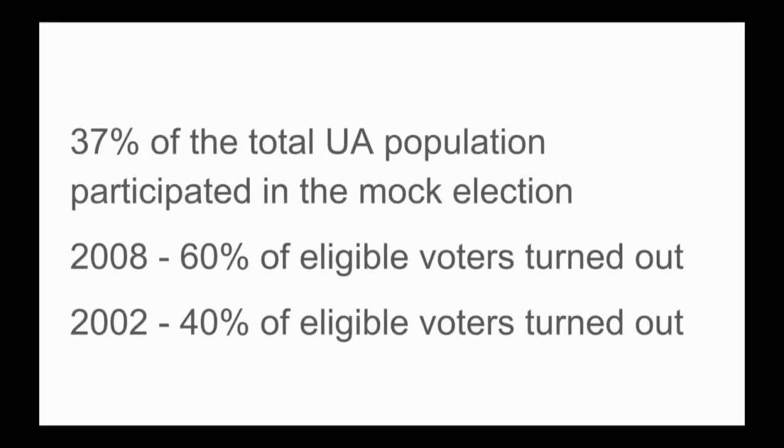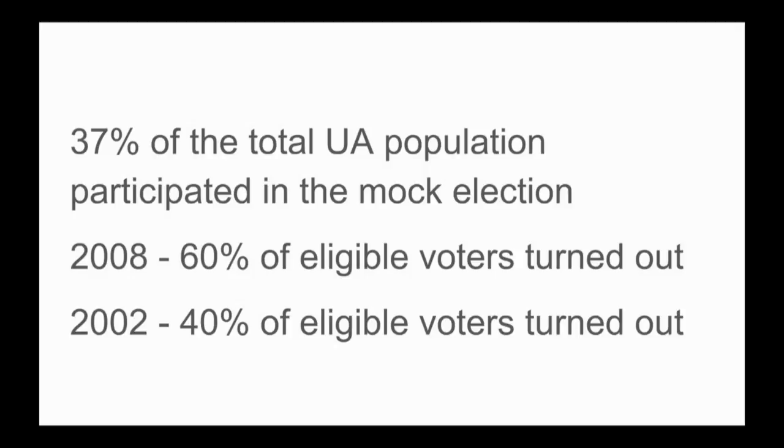To compare that, adding up the total number of students who actually voted, it was roughly 37% of the population. That seems like a small number, and it is, but if you compare that to general election years versus non-general election years, in 2008, the year that Barack Obama was running for his first term, drew 60% of the eligible voters, which is a pretty big number.